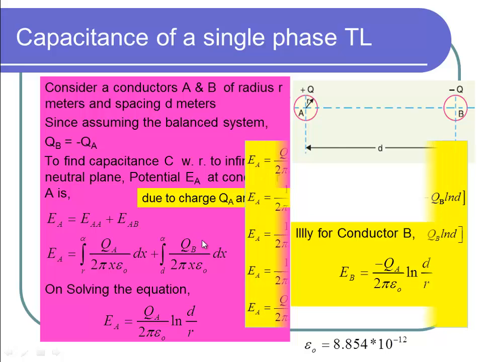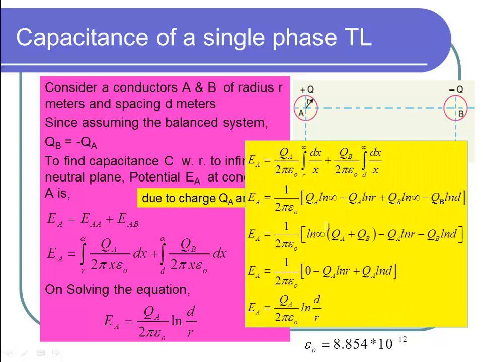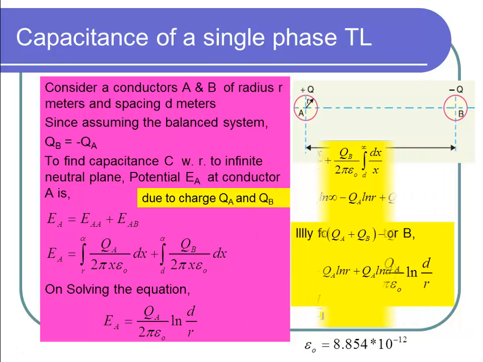Now if we solve this equation, the infinity terms we can take outside, and we simply get a term in QA plus QB. This term vanishes and becomes 0, and in place of QB we substitute minus QA. Commonly taking the term outside, finally we get the electrical potential on conductor A equal to QA by 2 pi epsilon naught ln d by r.